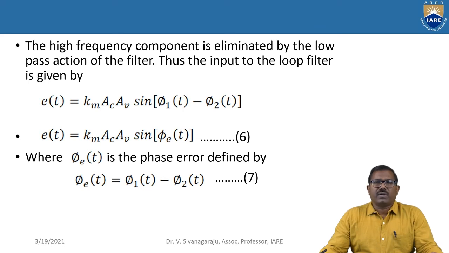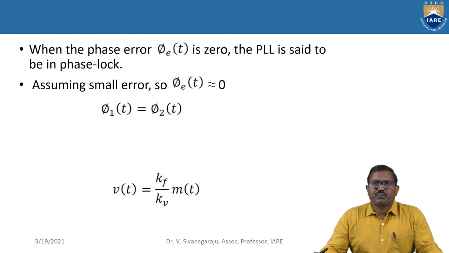So equation 6 is nothing but E of t, which is equal to Km AC into AV sine of phi E of t. Okay. So this phase error phi 1 of t minus phi 2 of t, when both are equal, phi E of t is 0.